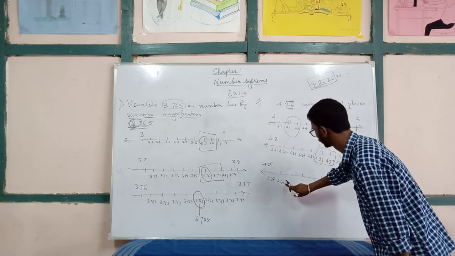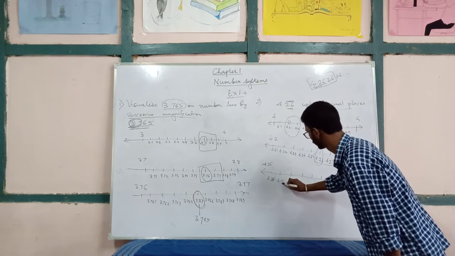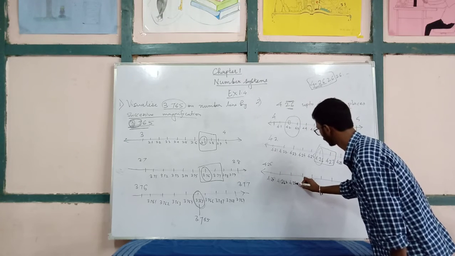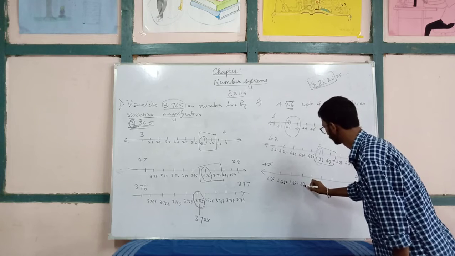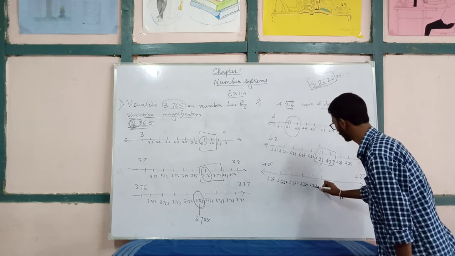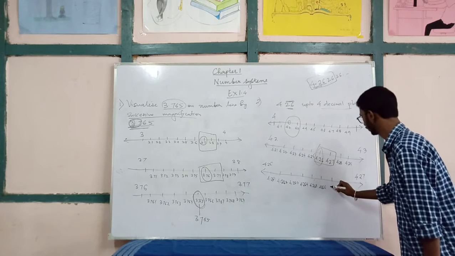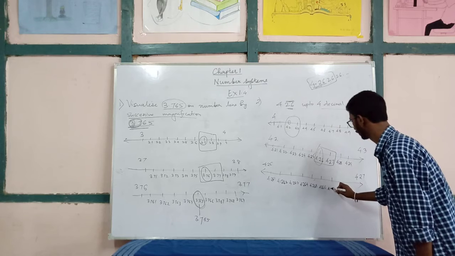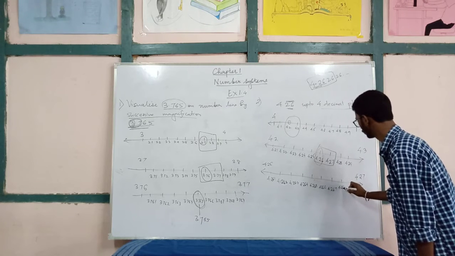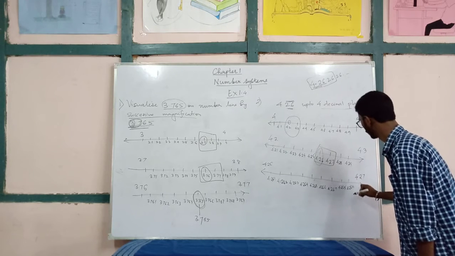4.261, 4.262, 4.263, 4.264, 4.265, 4.266, 4.267, 4.268, 4.269.